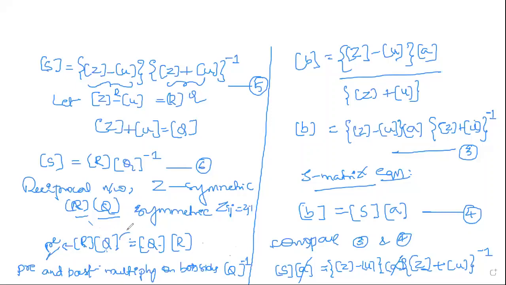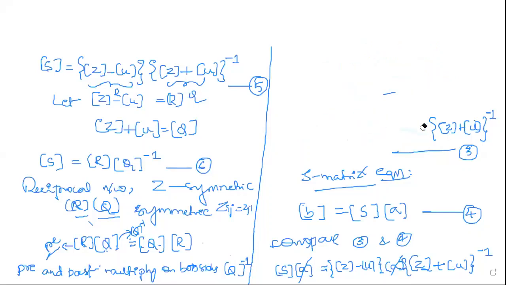If you multiply Q inverse after Q, that is post multiply. So you can multiply both the sides, pre and post multiply with Q inverse.